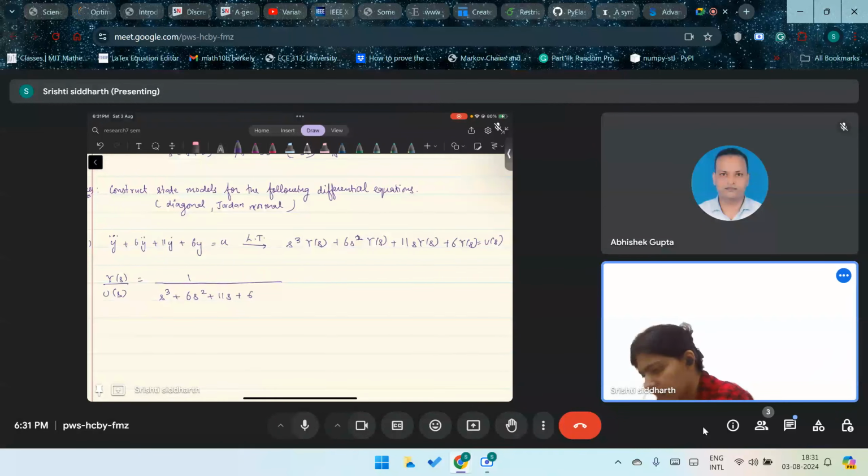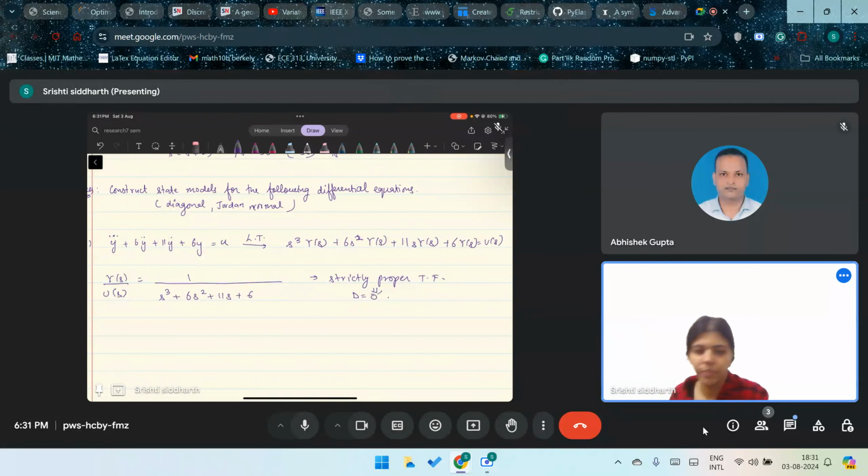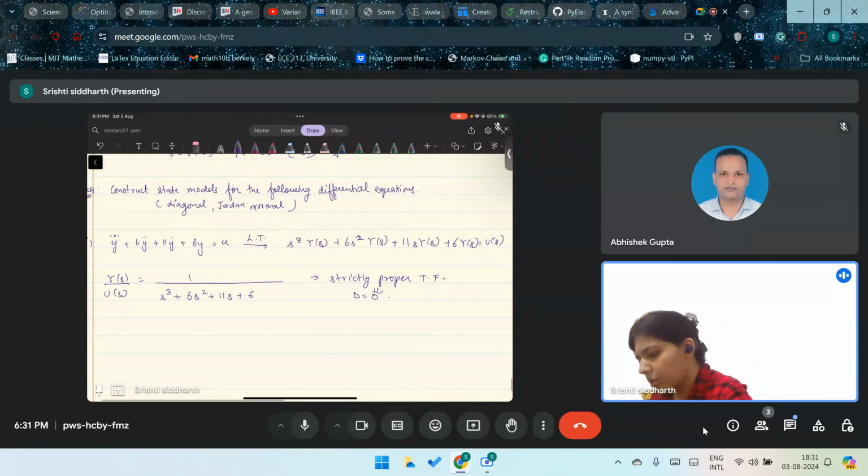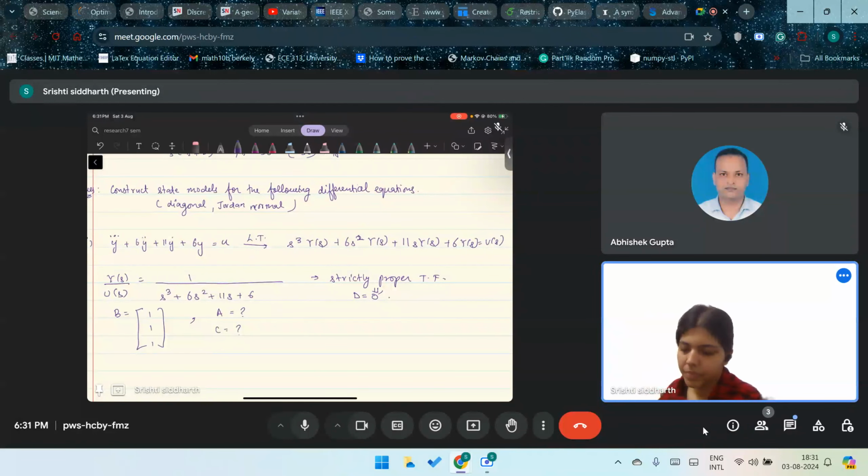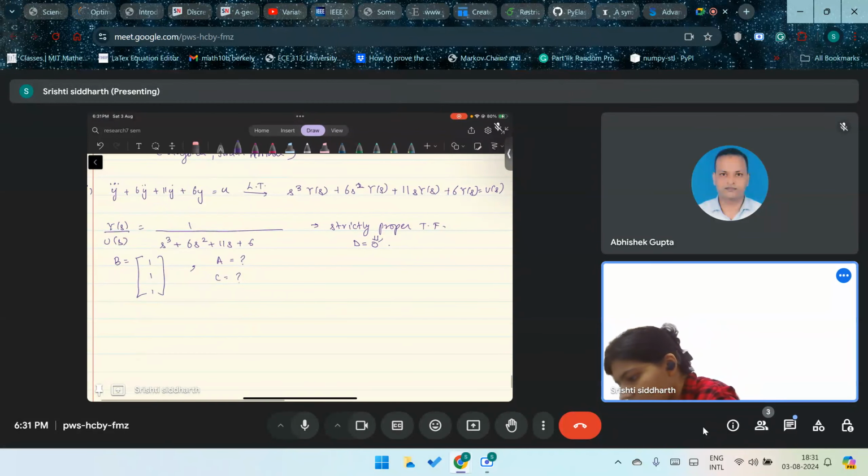So this is a strictly proper transfer function, and this implies that D is going to be 0. We already know what B is going to be: it's a third order system, so 1, 1 and 1. We now need to find out what the matrices A and C are. For that we first need to decompose this. We need to find the eigenvalues. So let's check.